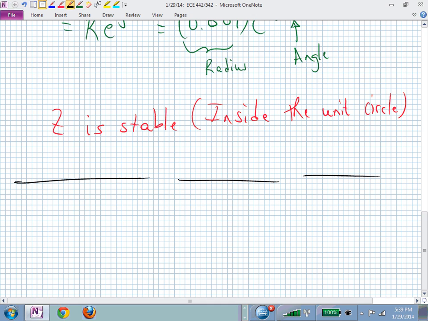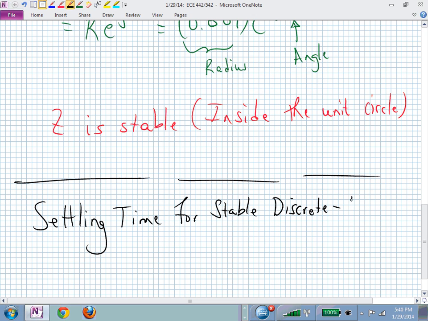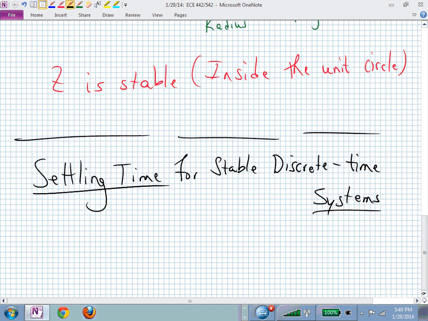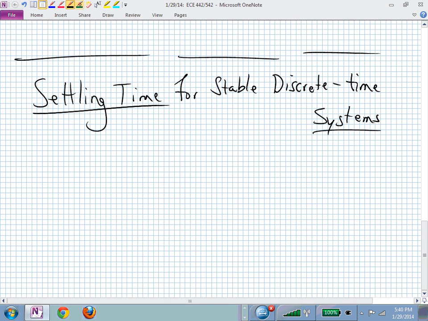Let's now talk about a settling time, because we know what can lead to a settling time in a discrete time system. To do this, we could either say, when's it going to get to 1% of our final value, or when's it going to decay to 1% of where we started? It's easier not to force it.